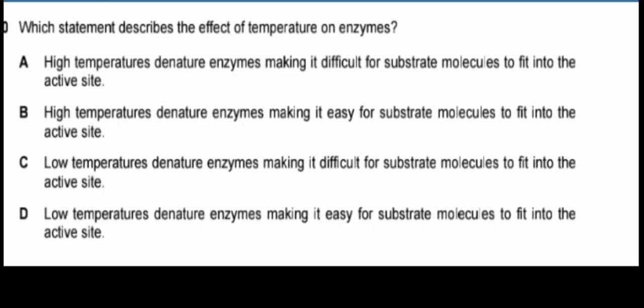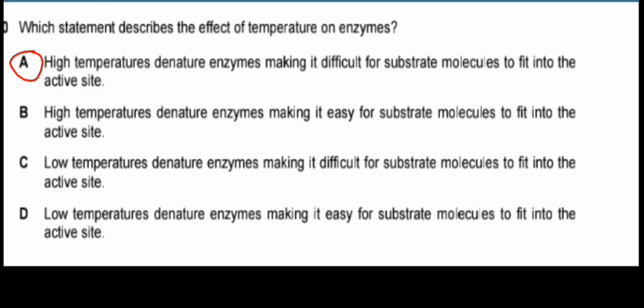Then the next one. Which statement describes the effect of temperature on enzymes? High temperatures denature enzymes, making it difficult for substrate molecules to fit into the active site. So this one is correct before I even read the rest of the options. When you increase the temperature, the higher the temperature, the higher the rate of enzyme reaction.